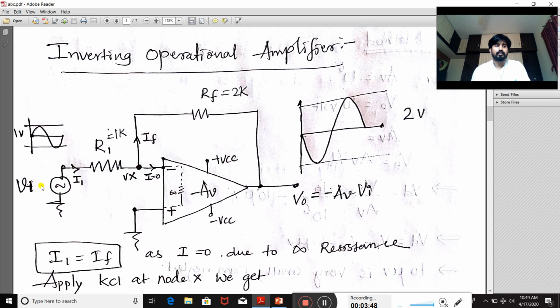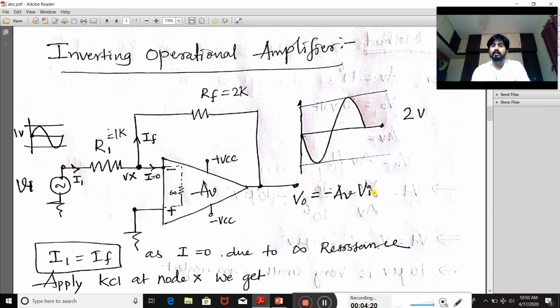When you are giving input source or signal Vi, this op amp has some voltage gain AV. Both are multiplied together to get the output V0, but it should be AV into Vi, but here it is showing a minus sign. The reason behind it is that AV is multiplied not only by Vi, but by the differential voltage Vd.